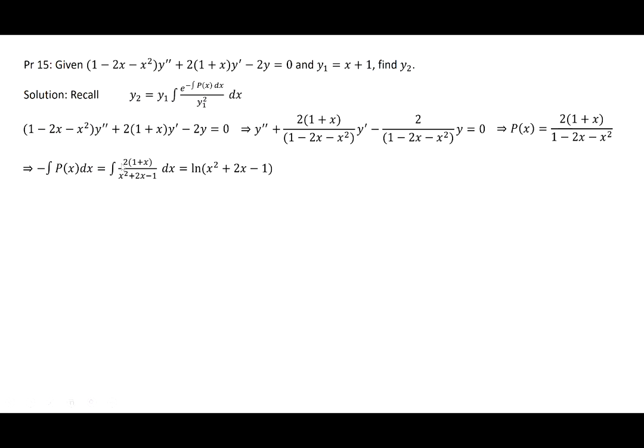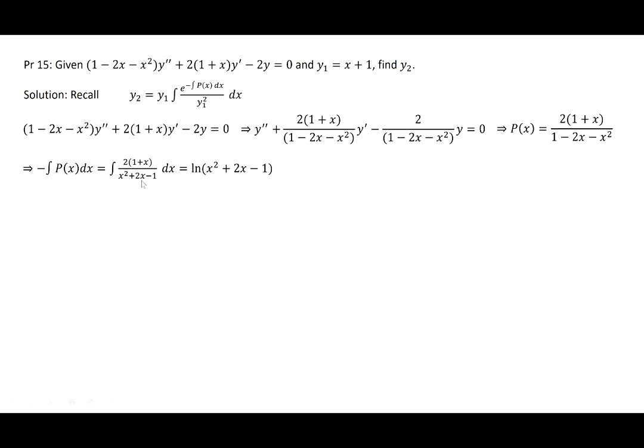Now, can I multiply both the top and the bottom by -1? So when I do that, negative times -1 becomes positive for the top. So I left it as a positive 2 times 1 plus x on the top. But the bottom of this p of x should be multiplied by -1. So that makes this -1 plus 2x plus x squared, which I wrote as x squared plus 2x minus 1. There's a reason why I did this.